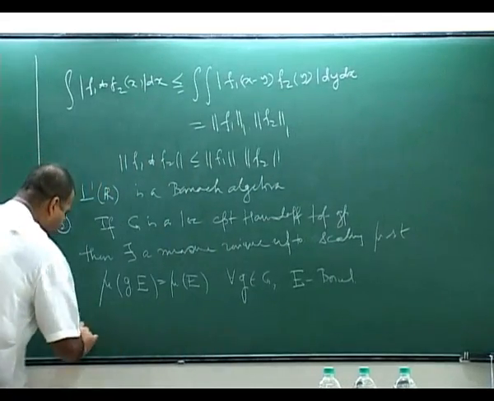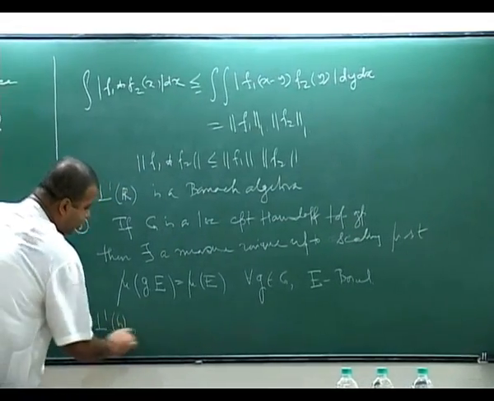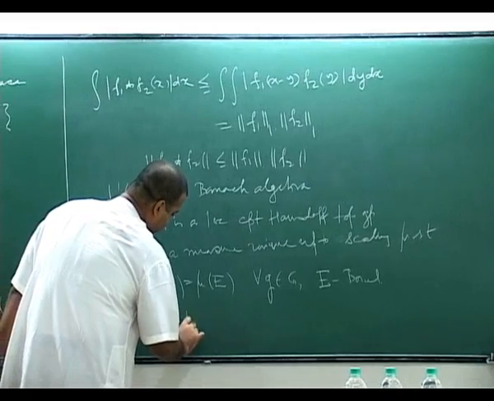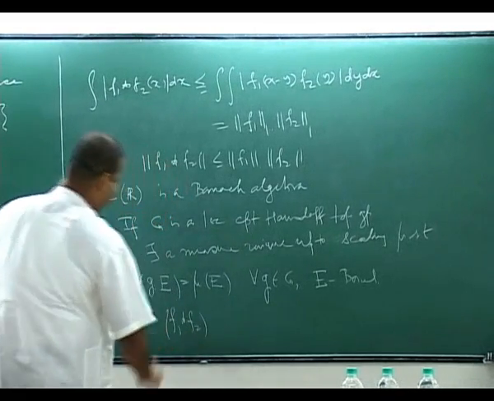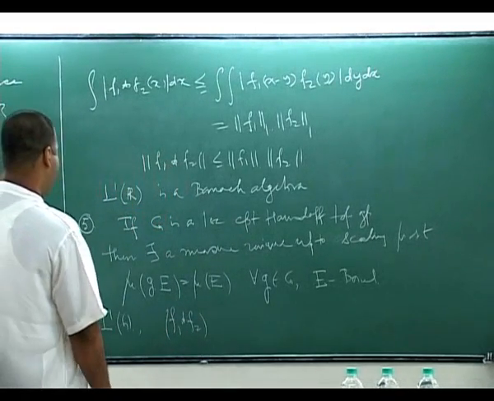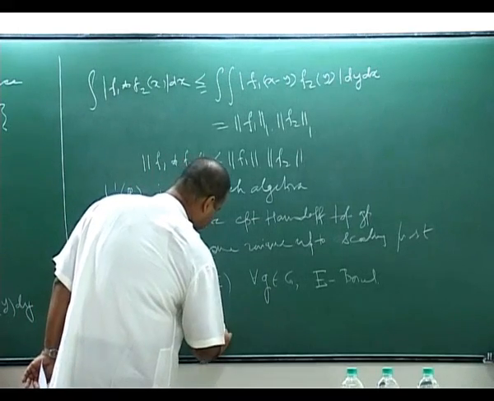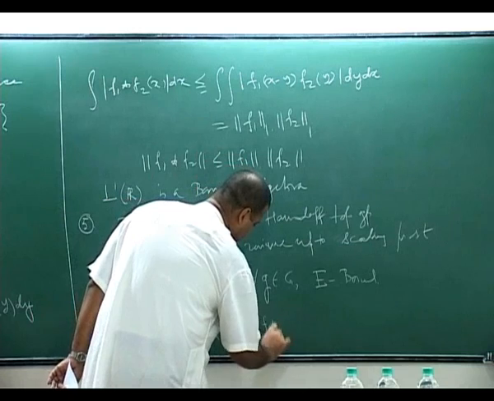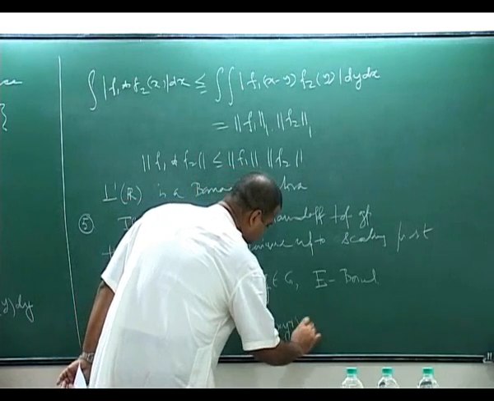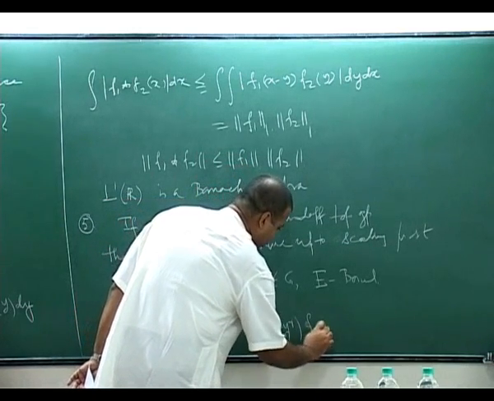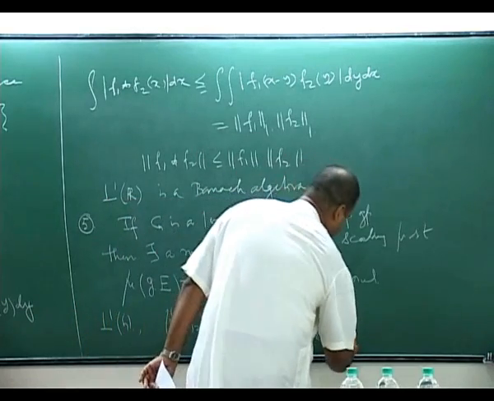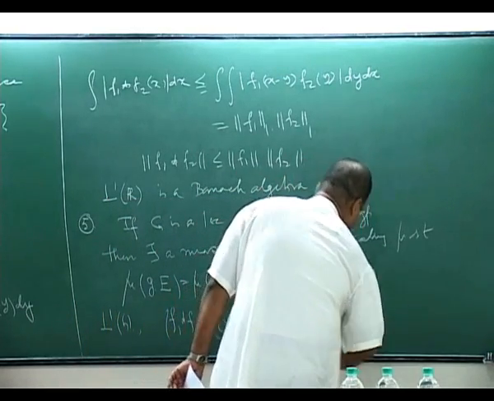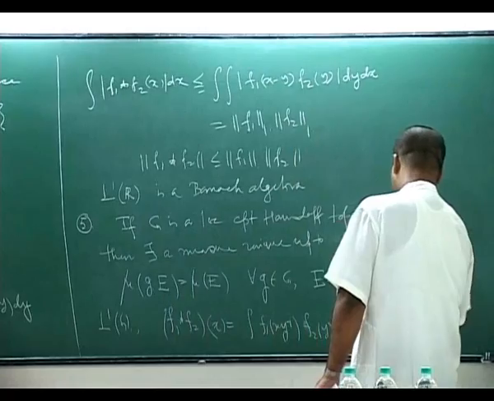And then if you consider L1 of G with the convolution product, then this is a Banach algebra.